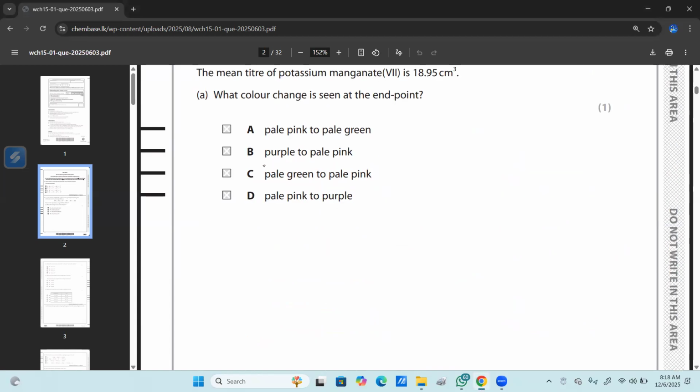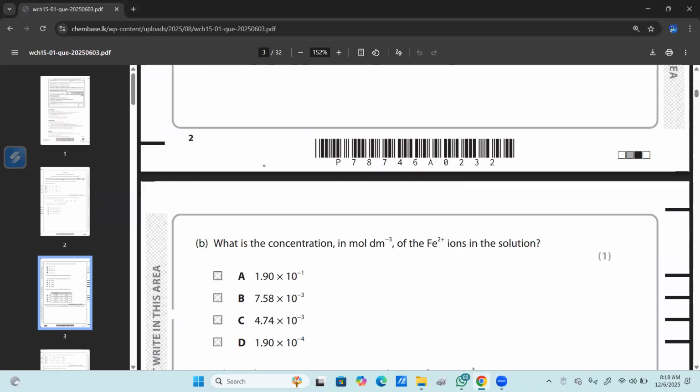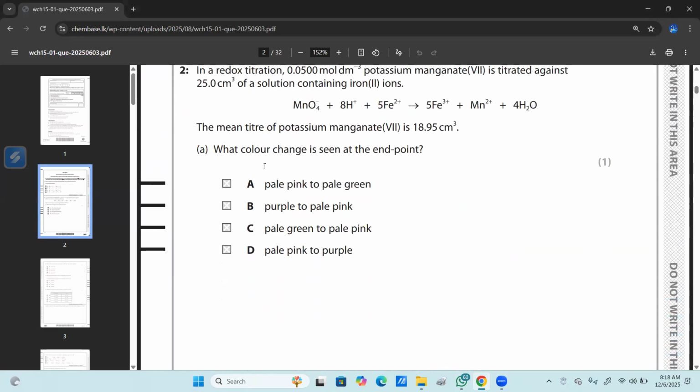Then we need to find the concentration of Fe2+ ions in the solution. So children, here they have given the concentration and the volume of permanganate. So we can easily apply C equals n over V to find the moles of permanganate.